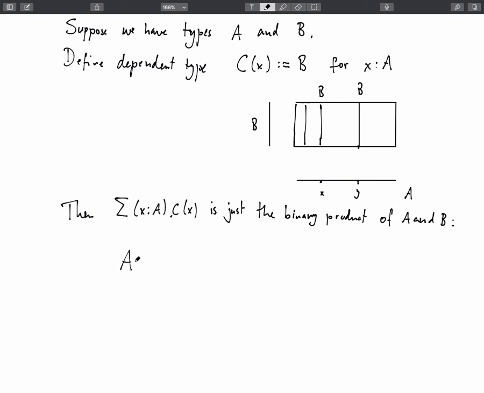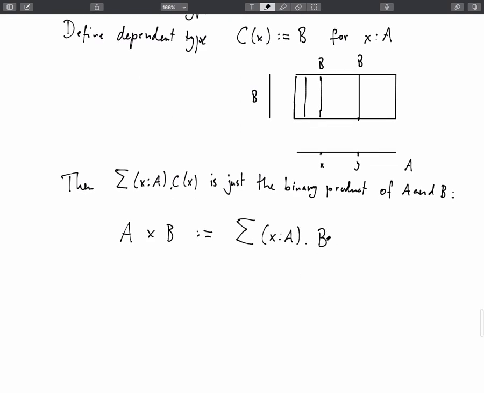So we can say A cross B, by definition, is the dependent sum over x in A of B. See, no dependence here. It's always the same fixed B. And then we're going to get just the product. And what will be the elements? Well, the elements will be the ordinary pairs, where you take one component from A, the other component from B. So the ordinary product of two spaces or of two types is a special case of dependent sum.